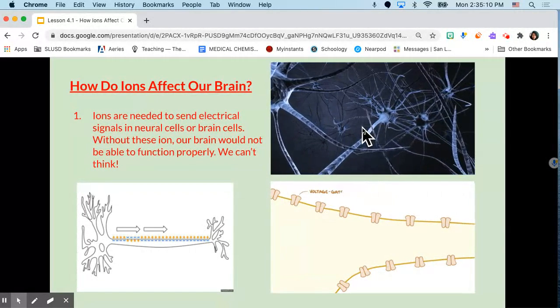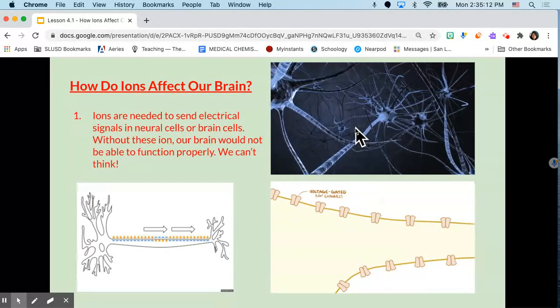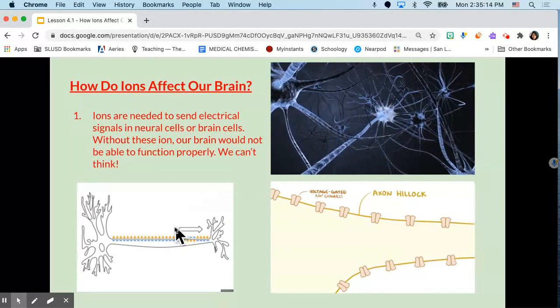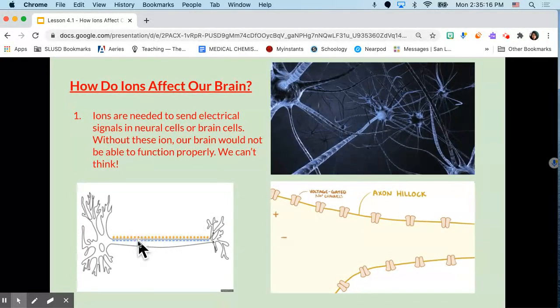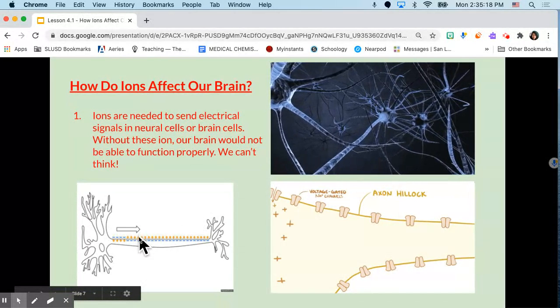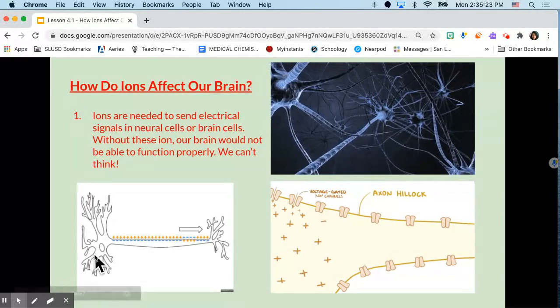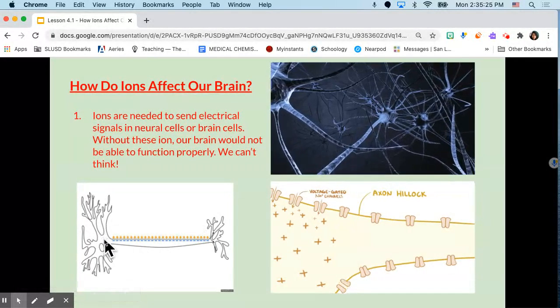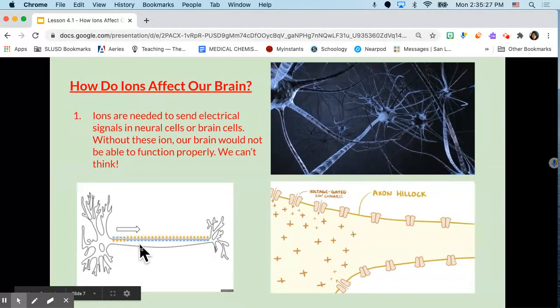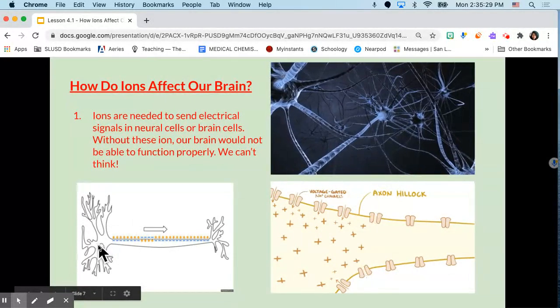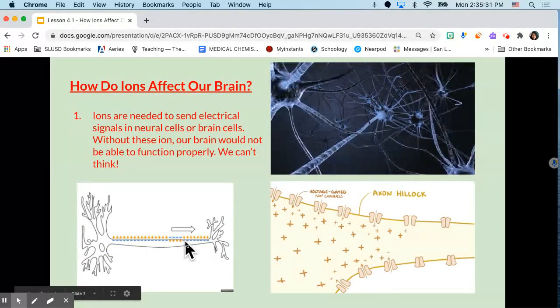So basically, because you are alive, and every moment that you think, there's a difference between the outside and inside of that cell. This is a neural cell, or one of your brain cells. It's kind of like foofy here, and then there's this long line.